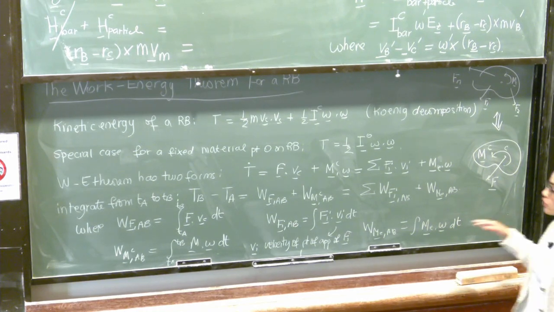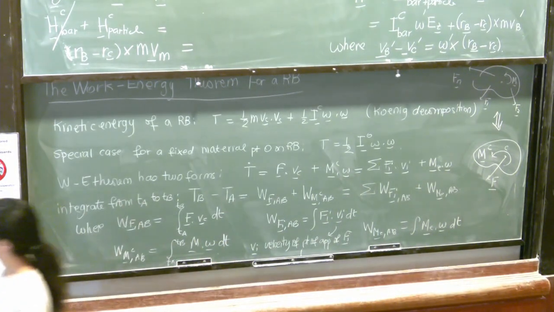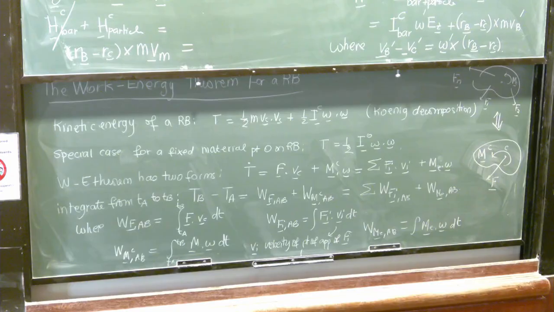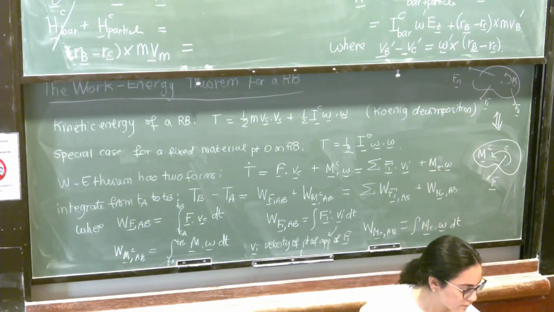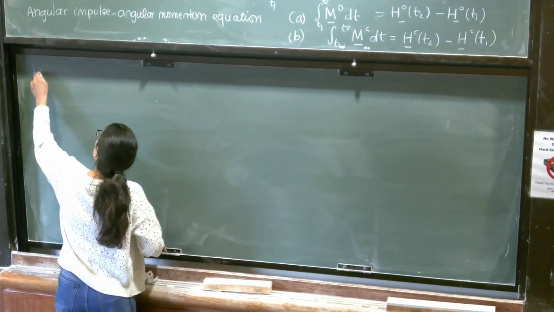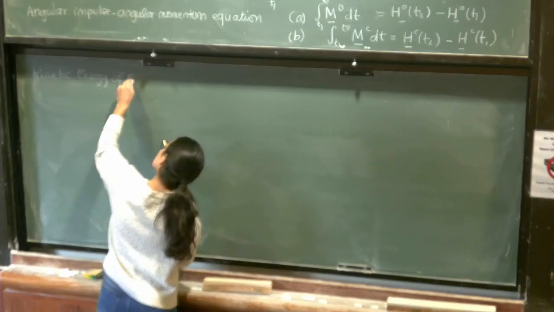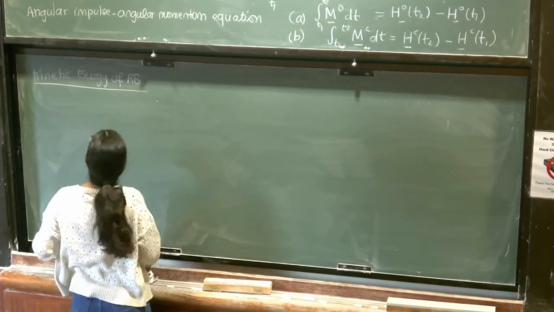So let us show these. First, we're going to start with the Koenig decomposition, the kinetic energy of a rigid body.